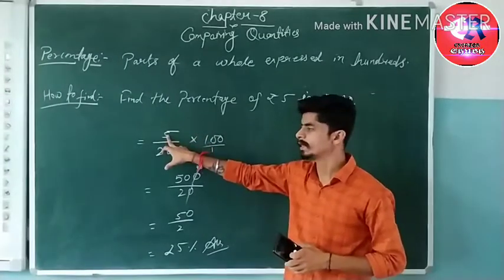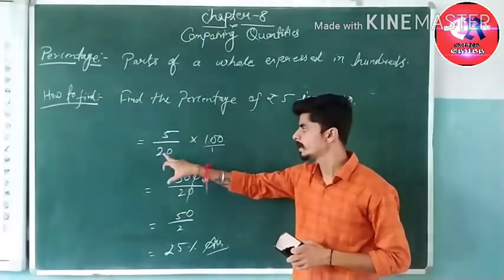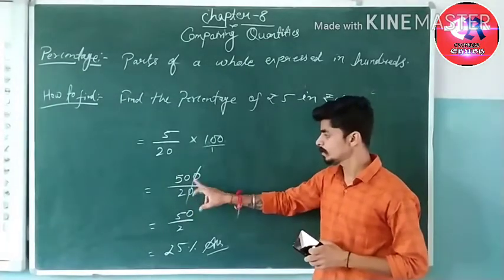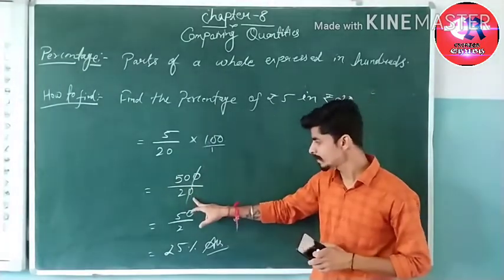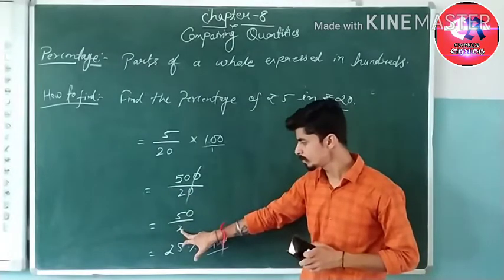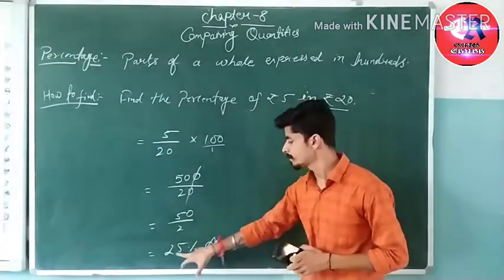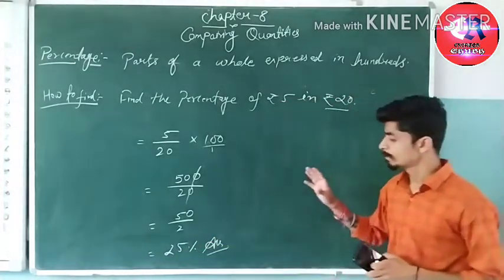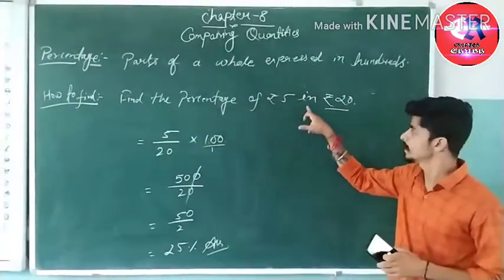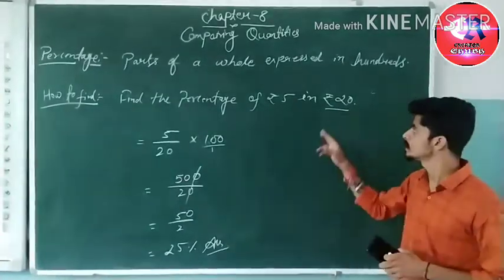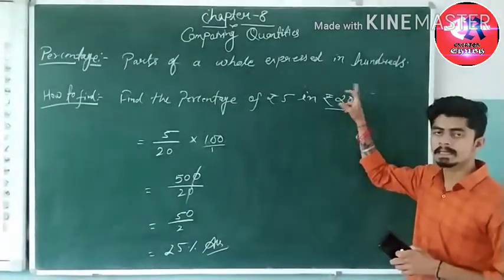Now numerator and numerator are multiplied, we get 500, and denominators are multiplied, we get 20. Now 0 and 0 are divided and cancelled. Now we get 50 by 2. Now 2 divides 50, that means we get 25, and 25 is the percentage of 5 rupees in 20 rupees. That means 5 rupees is 25% and the whole part is 20.